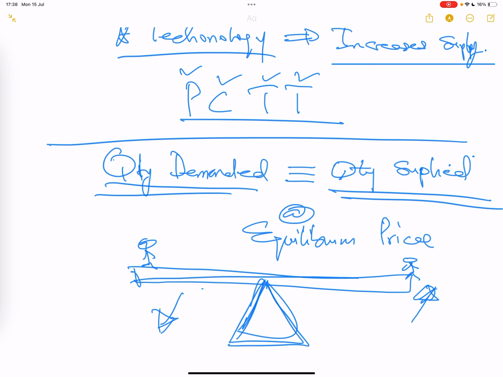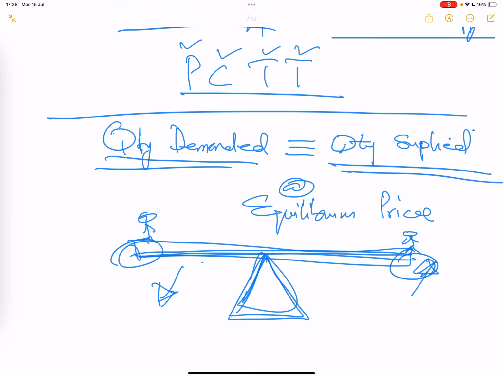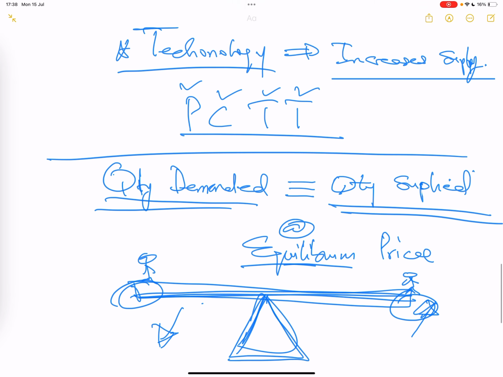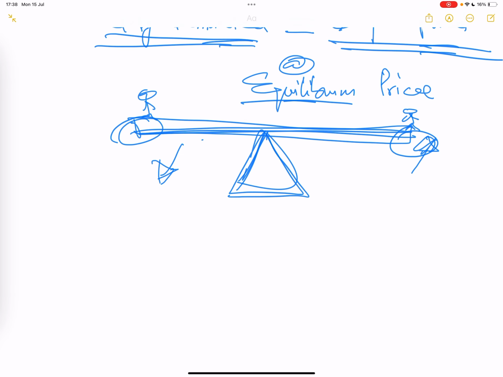But at the point when it levels up like this, that is equilibrium, because the weight on this side is equal to the weight on this side. The same, and that is called equilibrium. And that's what we're talking about here as well. When what we have demanded is the same as what we have supplied in the market, you have an equilibrium, and the price at which that happens is called the equilibrium price.